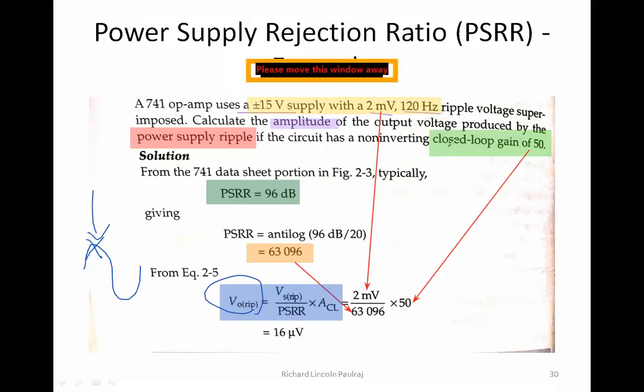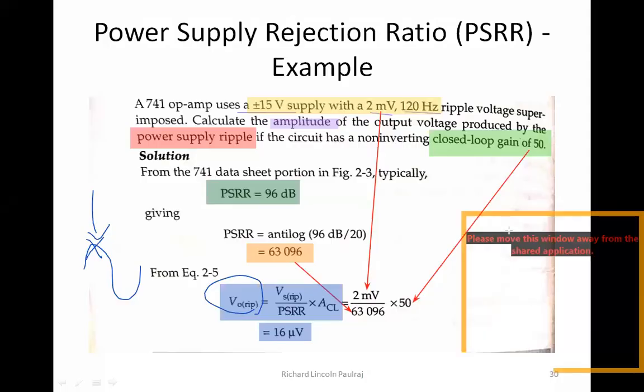The circuit has non-inverting closed loop gain. Fine. So we have 50 and we have got our answer. Any doubts here, students? I'm getting 1.6 still, I don't know where I'm wrong. Exactly, sir, 1.59. We are getting 1.58 into 10 power minus 6.